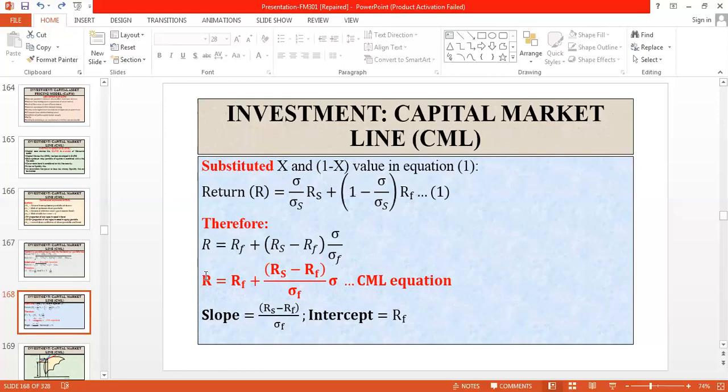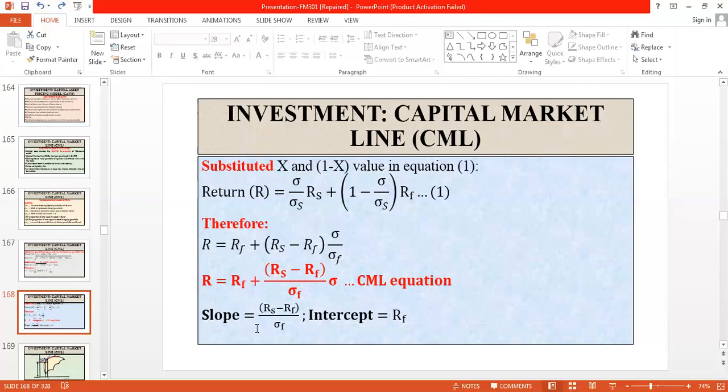Note that this line is a straight line, because this R, the return of the combined portfolio, is the dependent variable. This is the return of the risk-free bond, which is constant. It is actually the intercept, and this one, RS minus RF over sigma S, is the slope. Actually, this is nothing but the risk premium of the portfolio divided by its risk, and then we are multiplying it by sigma.